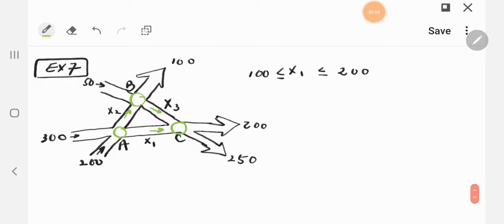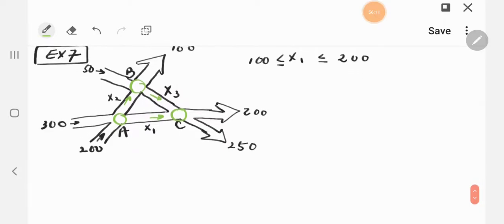For intersection A, 300 and 200 cars are coming into the intersection, x1 is the number of cars going out to intersection C, and x2 is the number of cars going out to intersection B. For each intersection, let's write an equation: the number of cars in should be equal to the number of cars out.